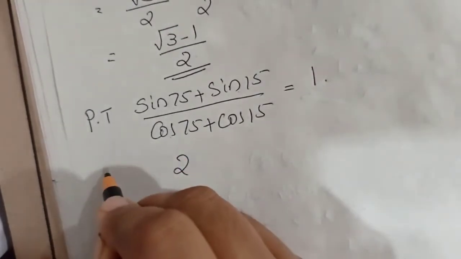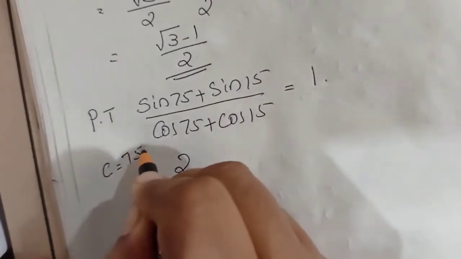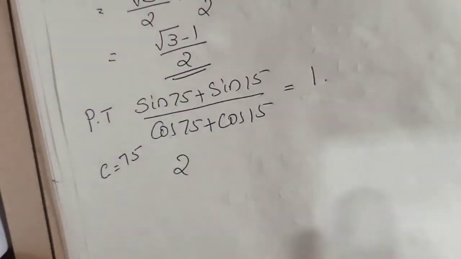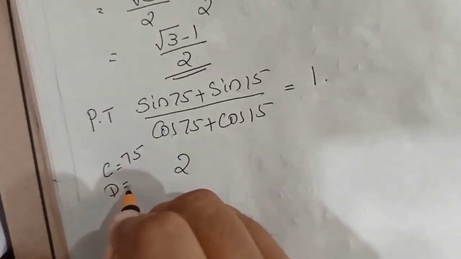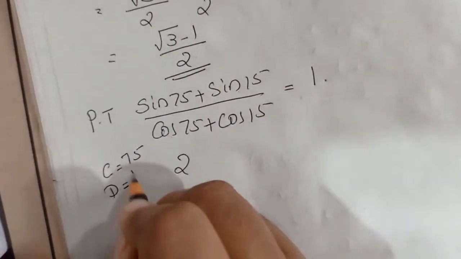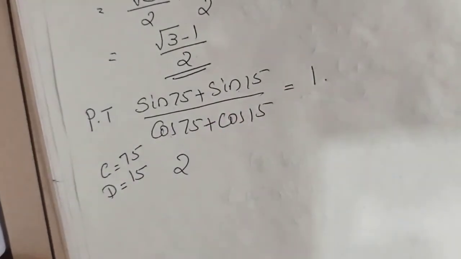Sin C plus sin D is 2 sin (C plus D by 2) cos (C minus D by 2). Here you can write C is equal to 75, or in your textbook if it is X, then you have to write X. C is equal to 75 and D is equal to 15. Okay.